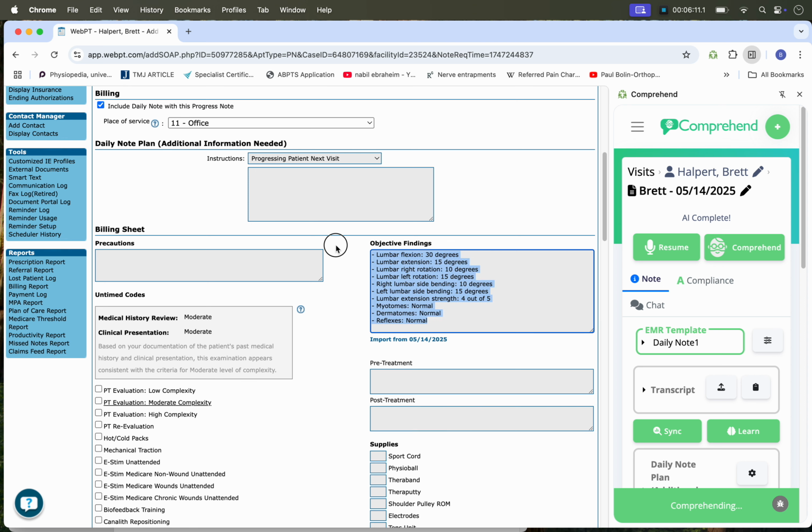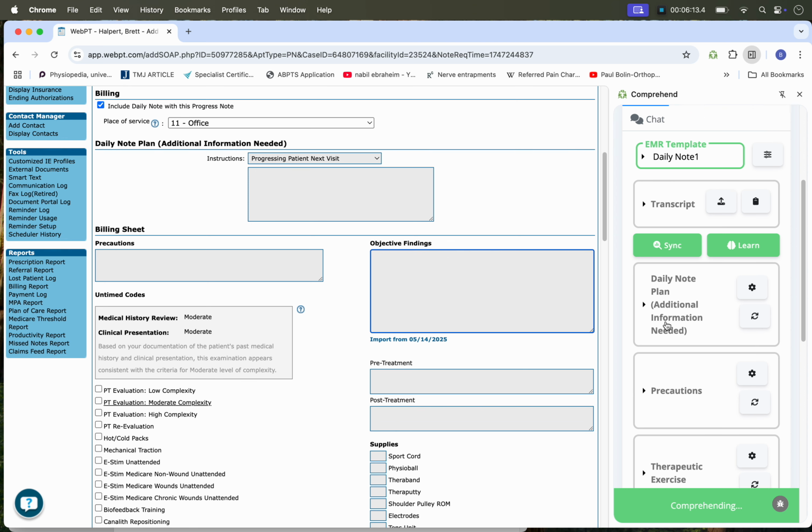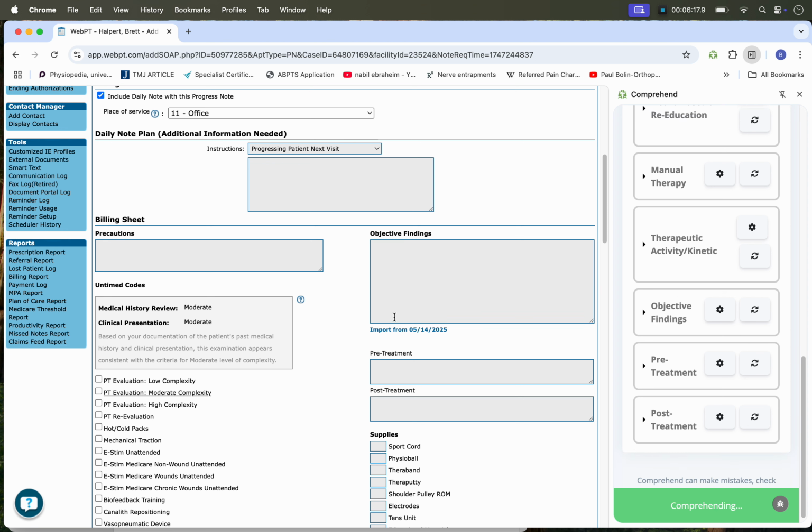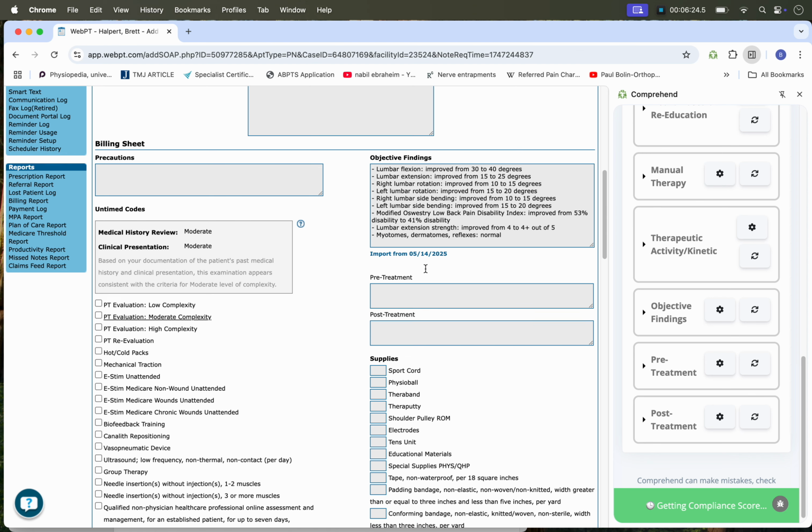Still thinking for this box. So another way, if you want to just get the objective measure box, I would go here. I like the objective findings one because it's nice to have that carry over from note to note.